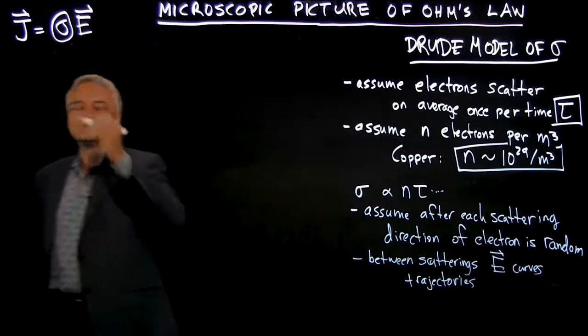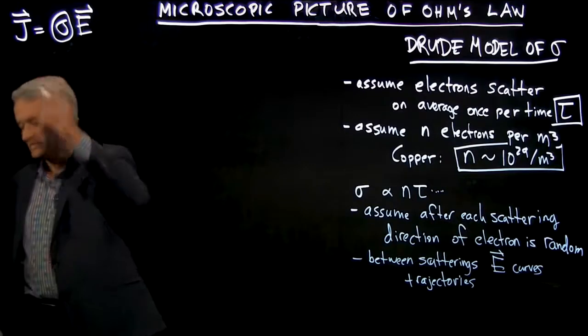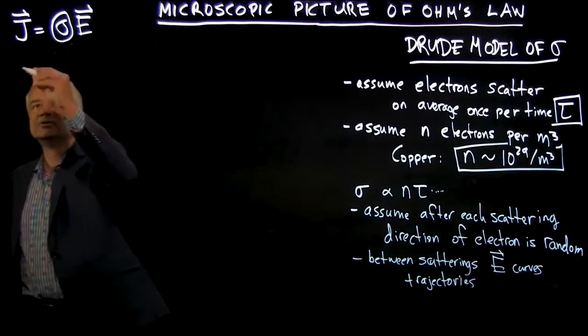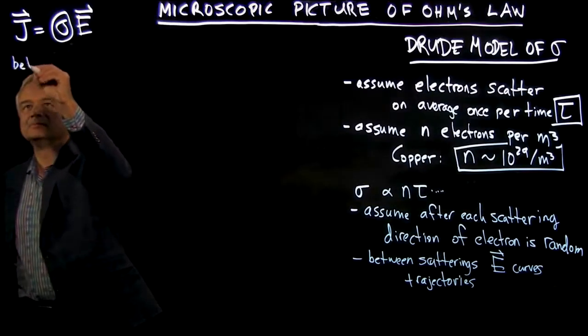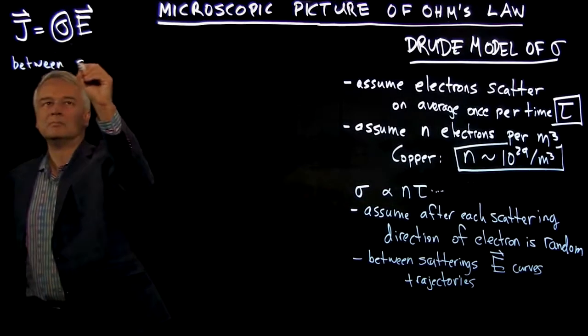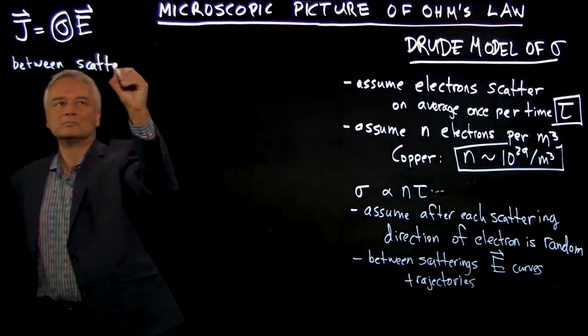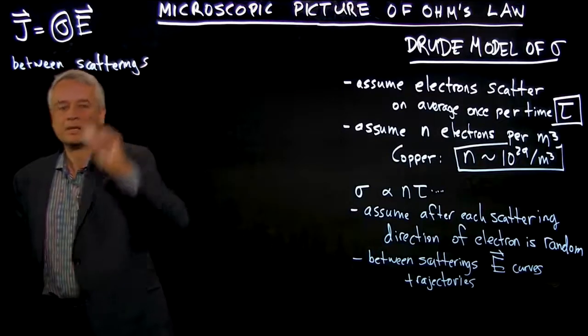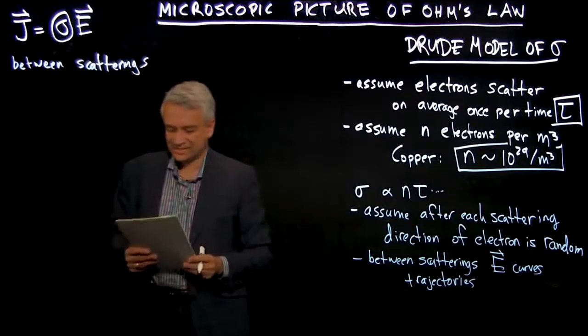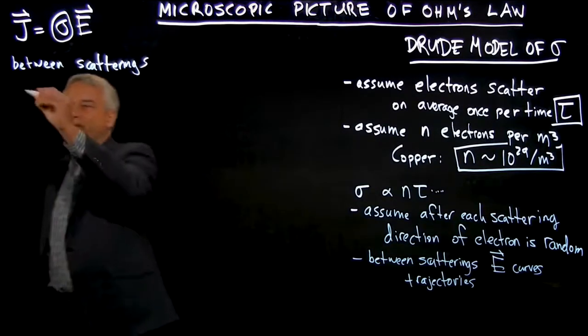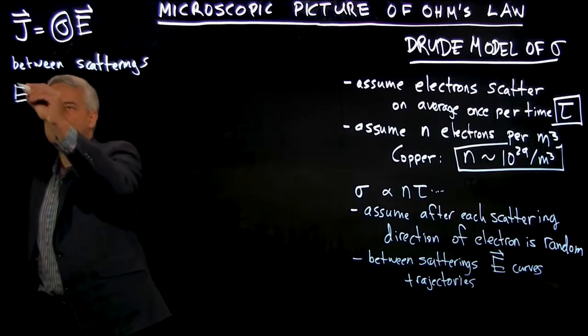So let's be a little bit more precise about what happens between scatterings. What does the electric field do? It curves the trajectories, yes.